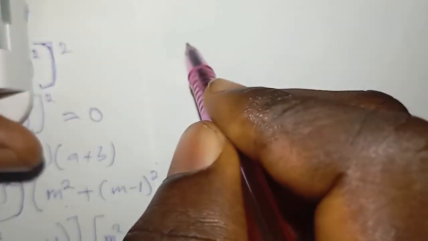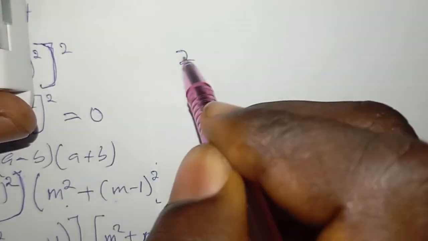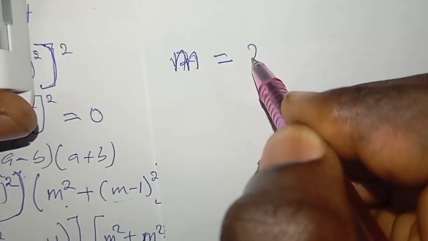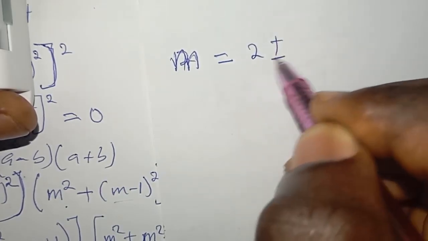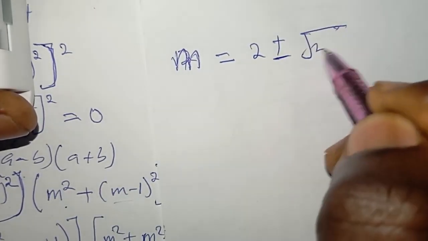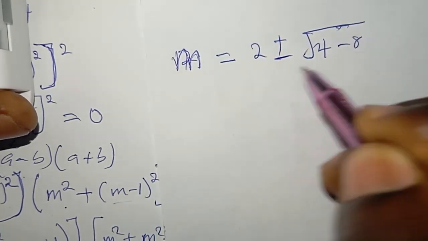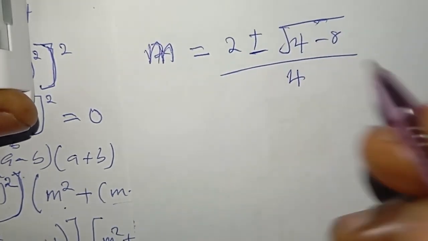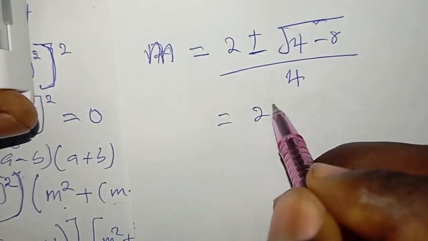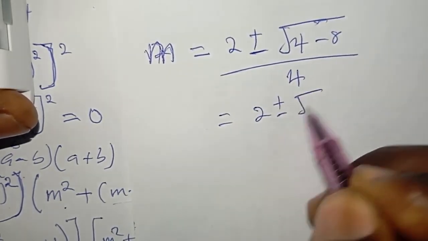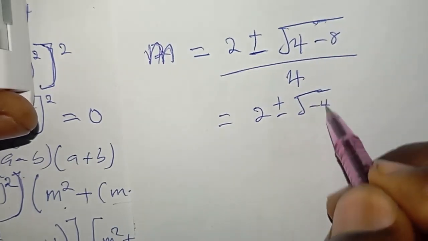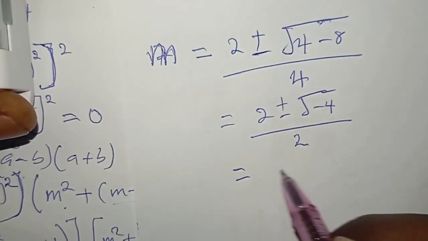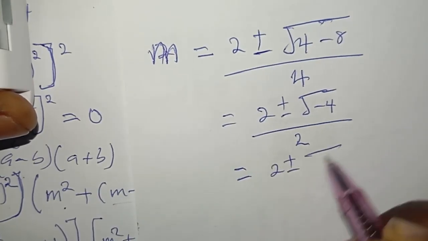So this is what I have, that my m is equal to 2 plus or minus the square root of 4 minus 8, all divided by 4. If you simplify this further, you're going to have 2 plus or minus the square root of minus 4, divided by 4.